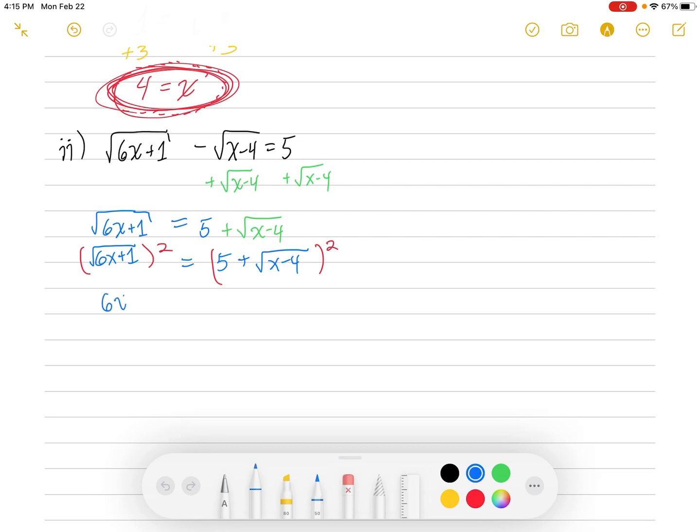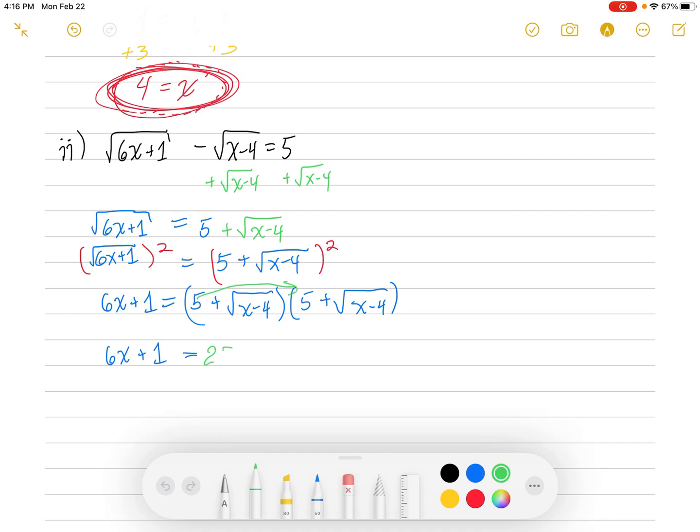I'll just have 6x plus 1. On the right side, we have to FOIL, right? 5 plus root x minus 4 times 5 plus root x minus 4. So we have 6x plus 1 on the left. And on the right, we FOIL.